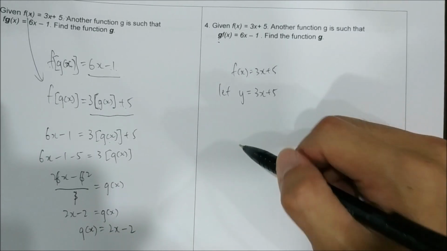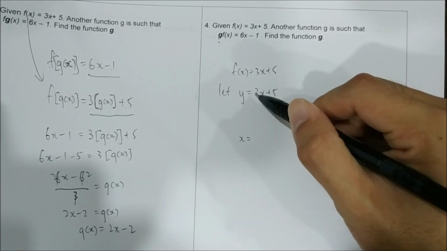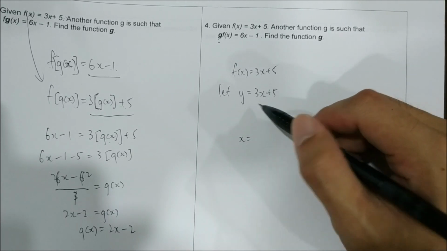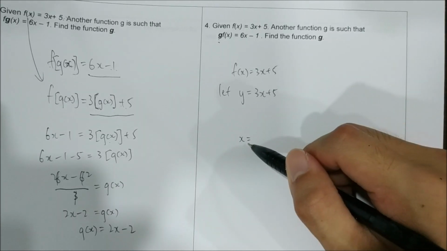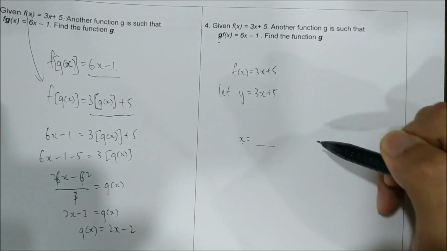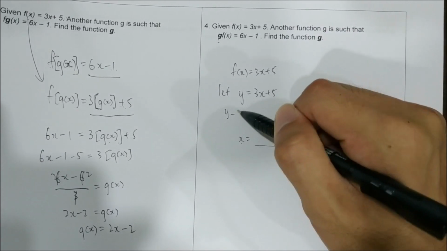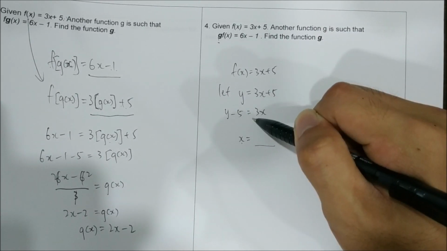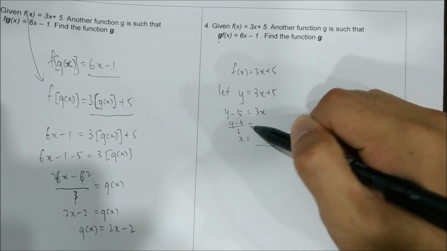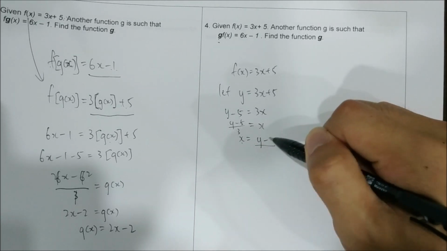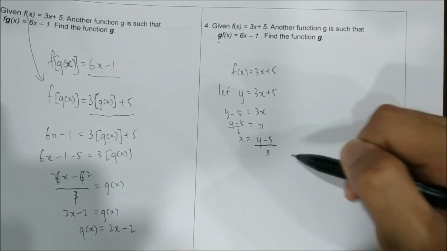Finding the subject of x means we want to move around the values and unknowns so that we get x as a subject, which equals something. So y minus 5 equals 3x. So y minus 5 over 3 equals x. So x equals y minus 5 over 3.